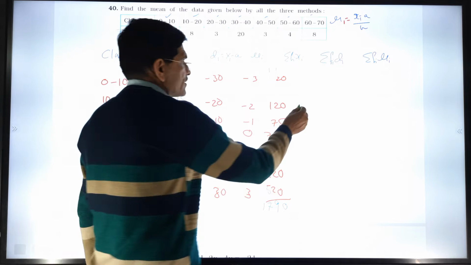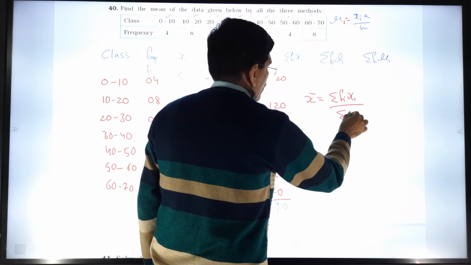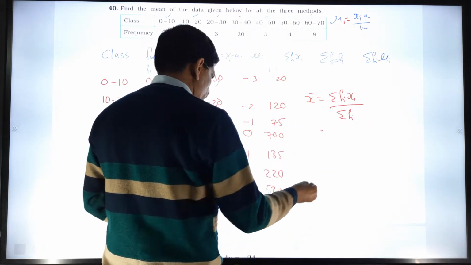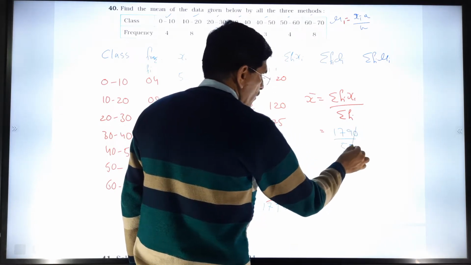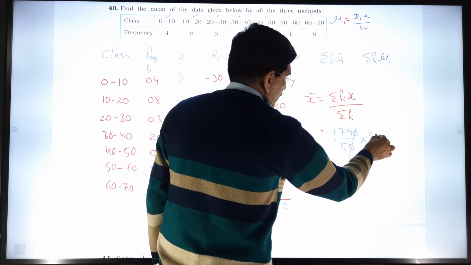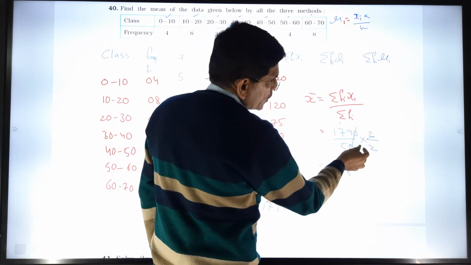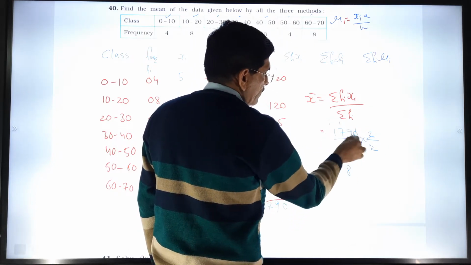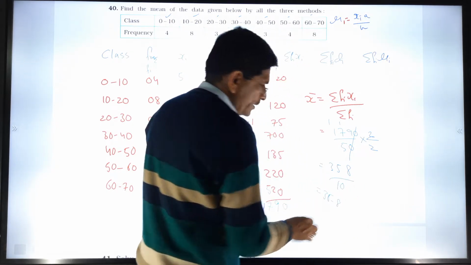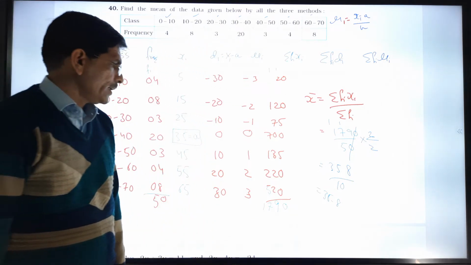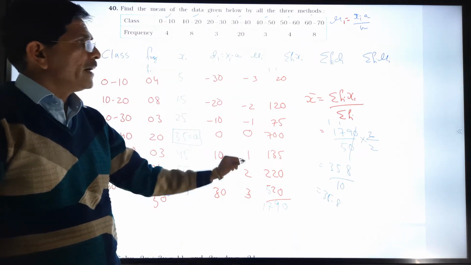So now the formula is x bar equals sigma fi xi upon sigma fi. If I write 1970 divided by 50, 10 is cancelled. If I multiply by 2, 9 2s are 18, carry 1, 7 2s are 14, 15, carry 1, 2 1s are 2, upon 10. Answer is 35.8. That is the mean by the direct method.